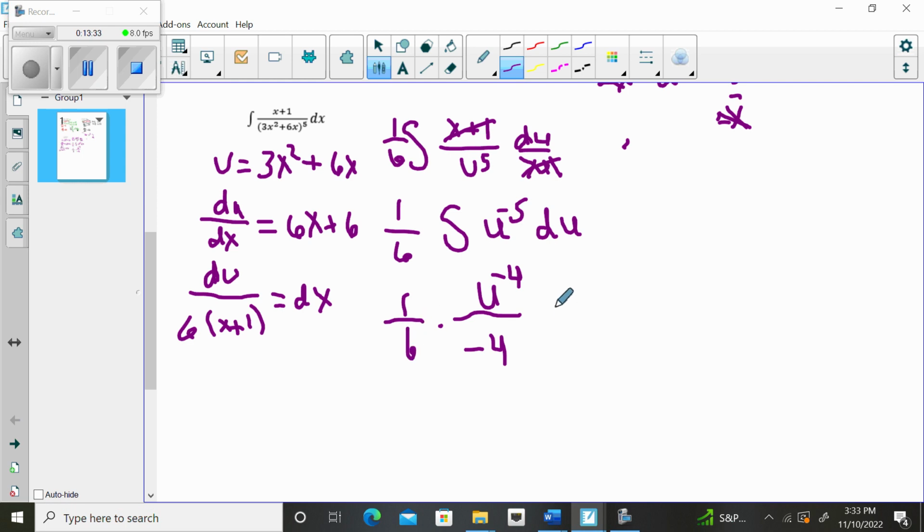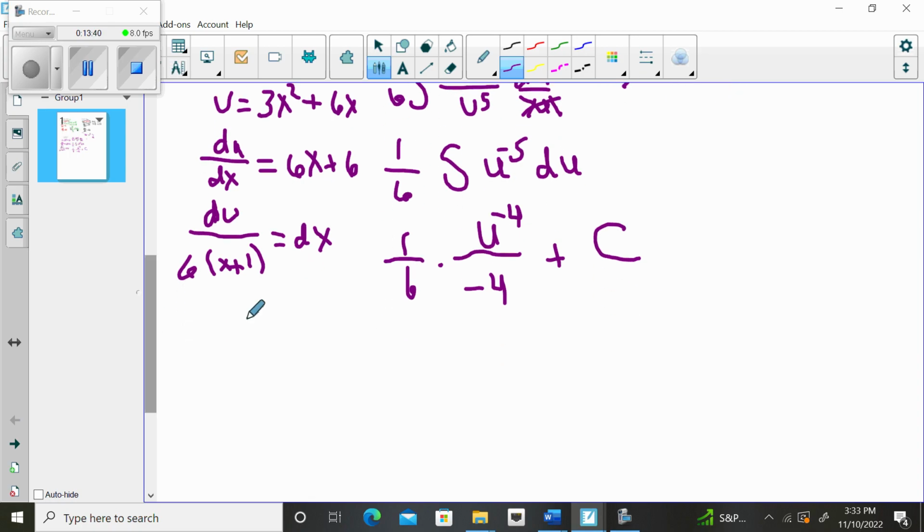Okay, so when I clean this up, we're not allowed to leave our answers like this with negative exponents. When I clean this up, this becomes, that's a 1. That's a funny looking one. This becomes a coefficient of negative. Negatives belong out in front. Negative 24, and then in the denominator, u to the 4th, plus c.